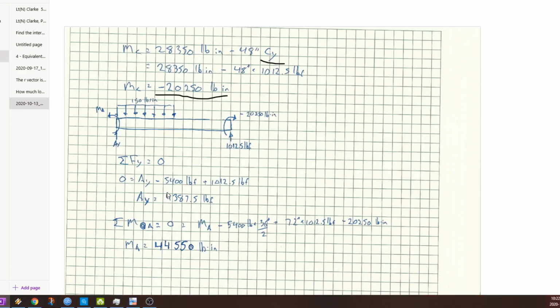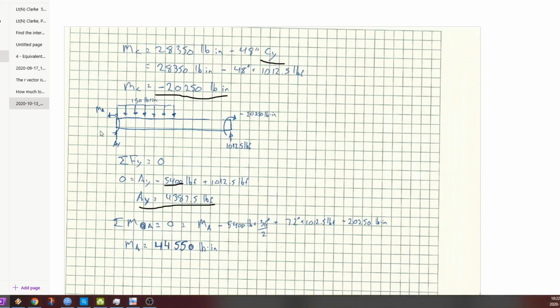So AY minus the resultant of this one here, the 150 pounds per inch times 36 inches, plus the reaction at C, 1012.5, gives us an AY of 4,387.5 pounds.